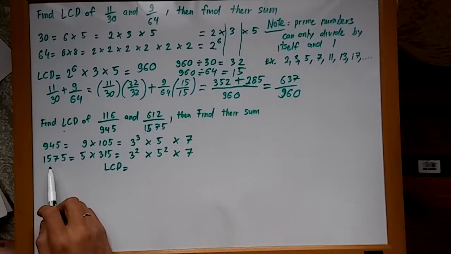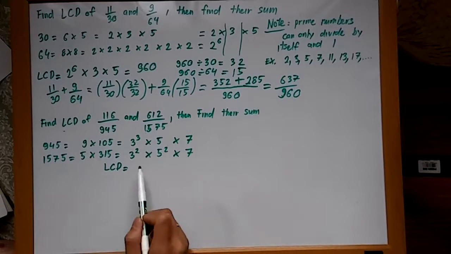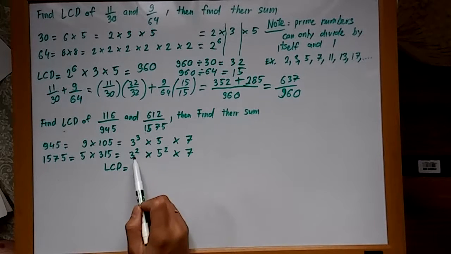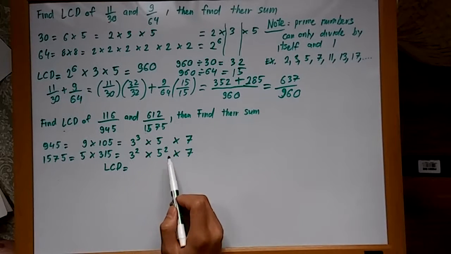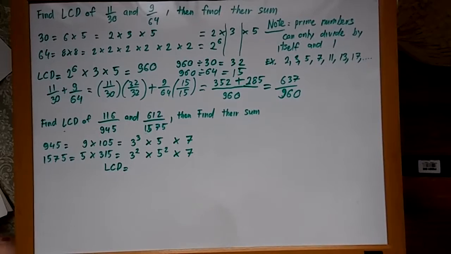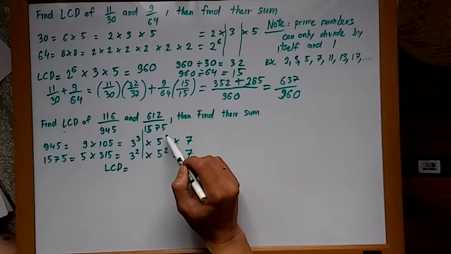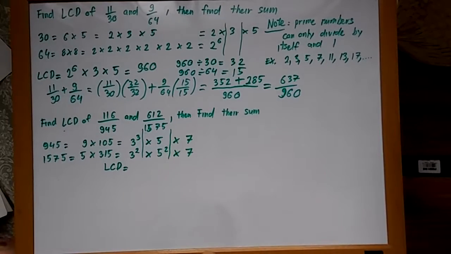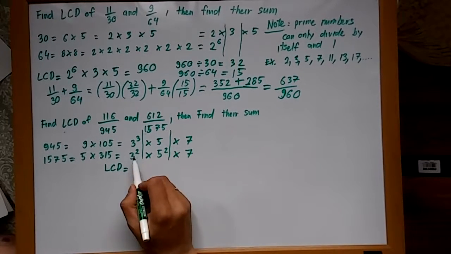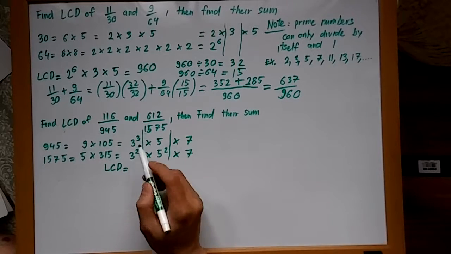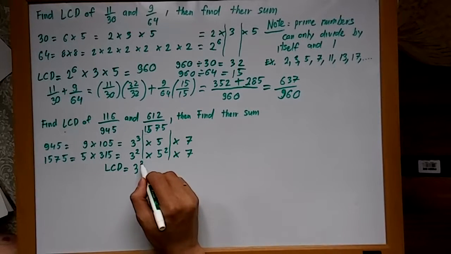And 1575, I broke it out into prime multiples here, 3 to the power of 2 times 5 to the power of 2 times 7. So the LCD, same thing, draw columns over the factors and just take the highest one. So between 3 to the power of 3 and 3 to the power of 2, we take 3 to the power of 3.